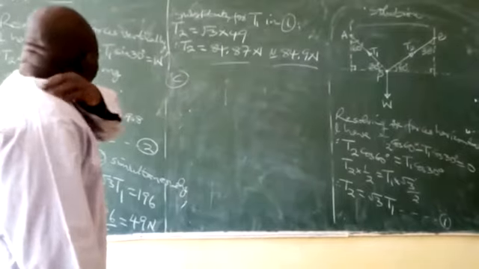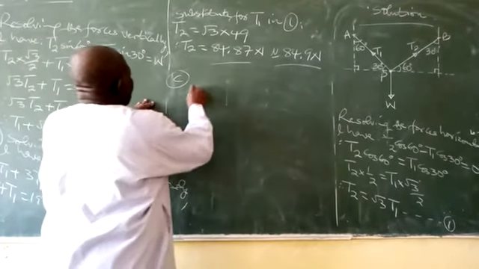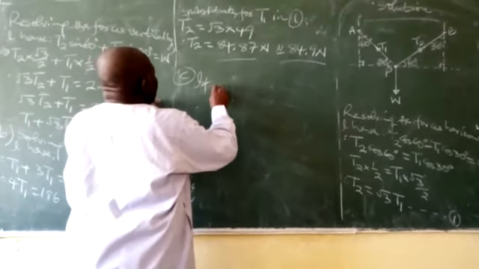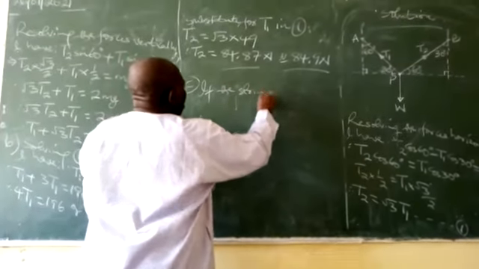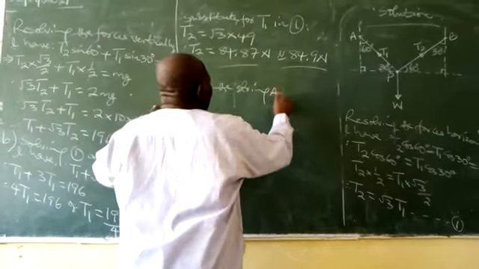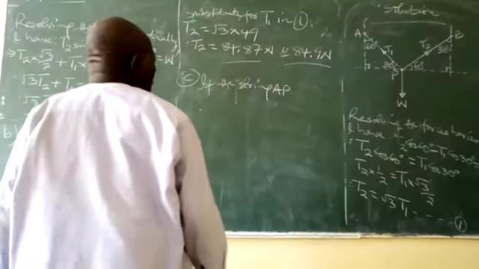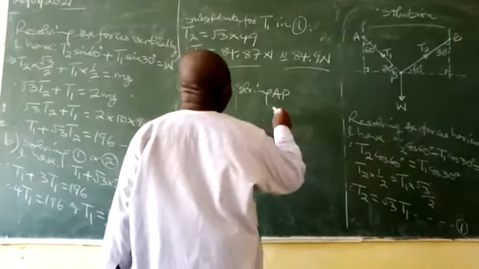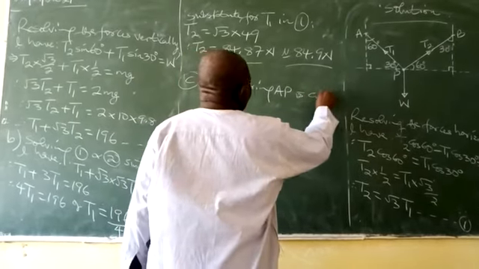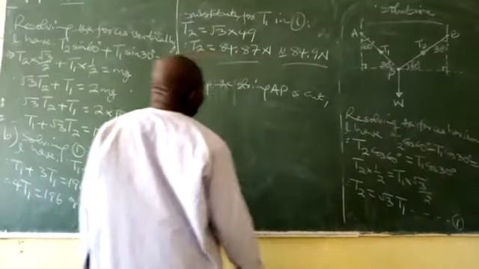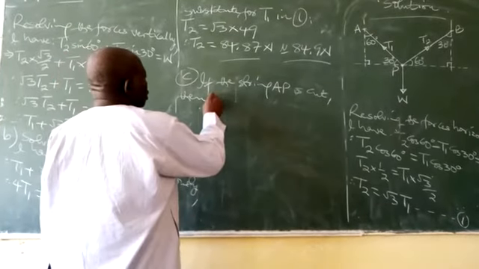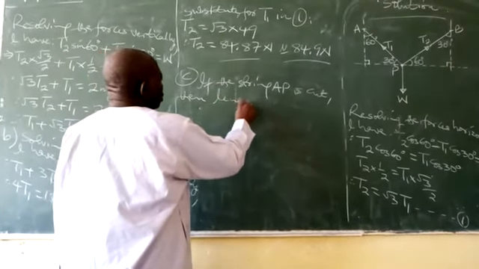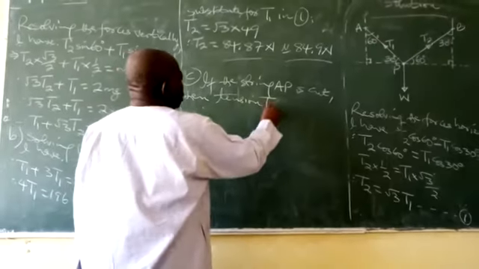So then, how was the question? If the string AP is cut, I think it's AP that is cut, then tension T1 is equal to 0.